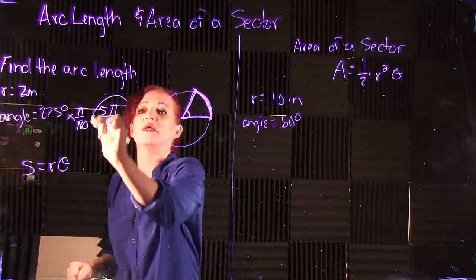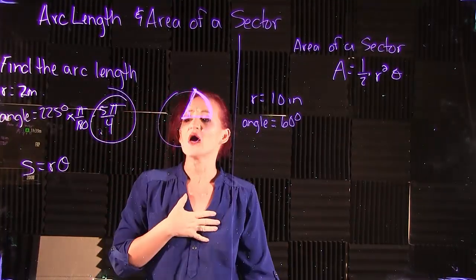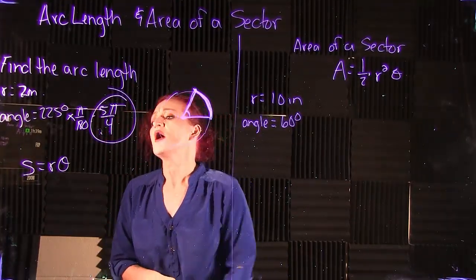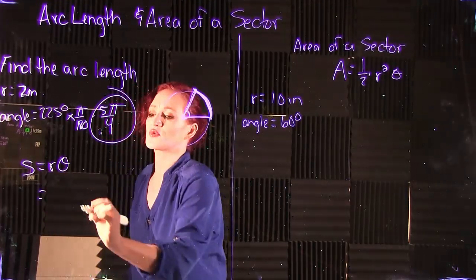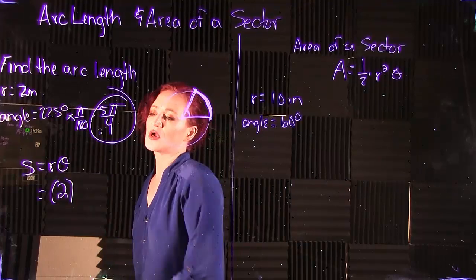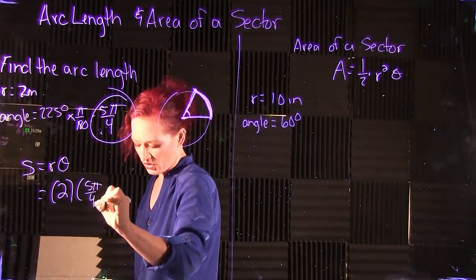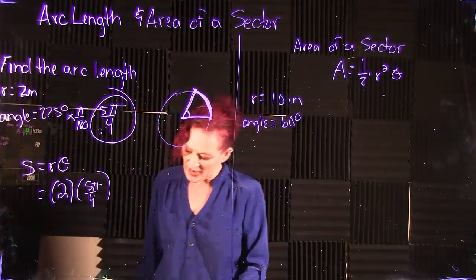So now that we have our radian measurement for our angle, according to our formula, we're going to take the radius, which is 2. We're going to multiply that by our angle in radian mode, which is 5 pi over 4. Multiply these together.